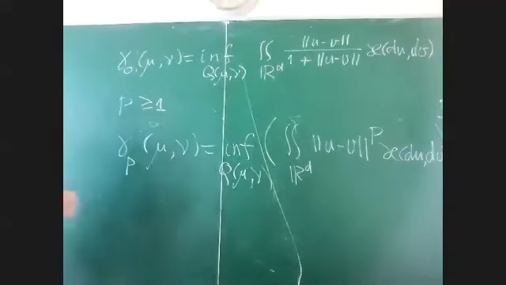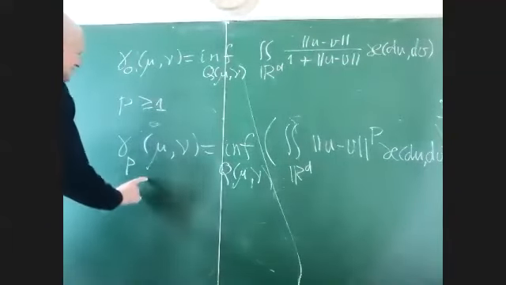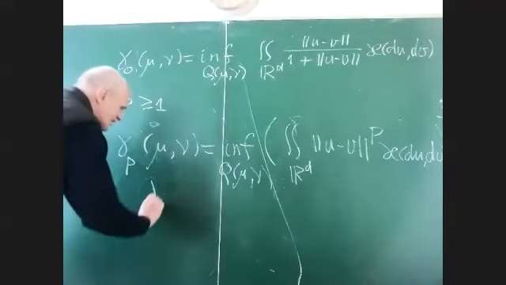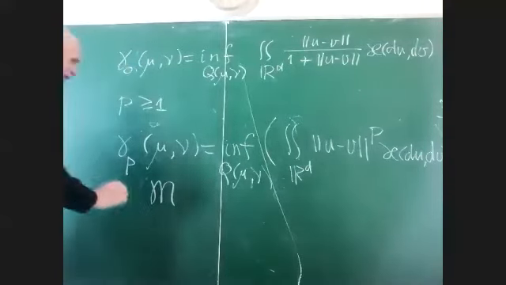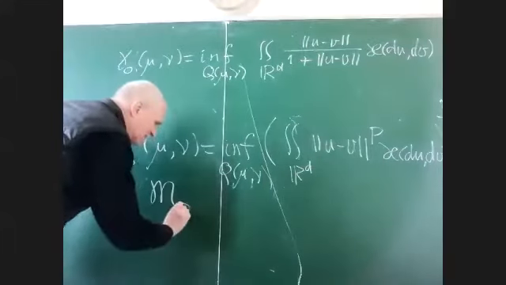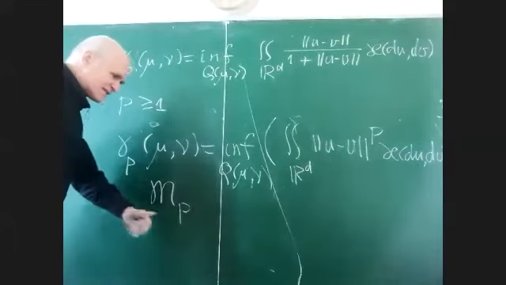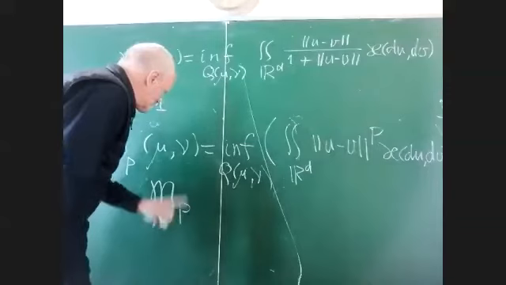So this is a distance not on the whole space of measures, but on the space M_p, the measures with finite moment of order p.